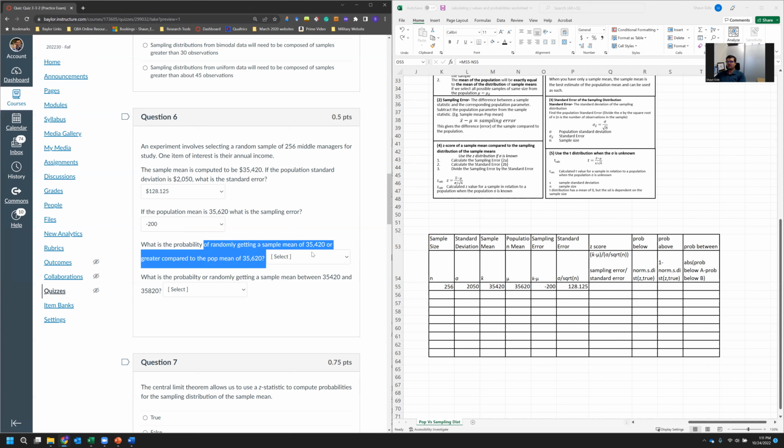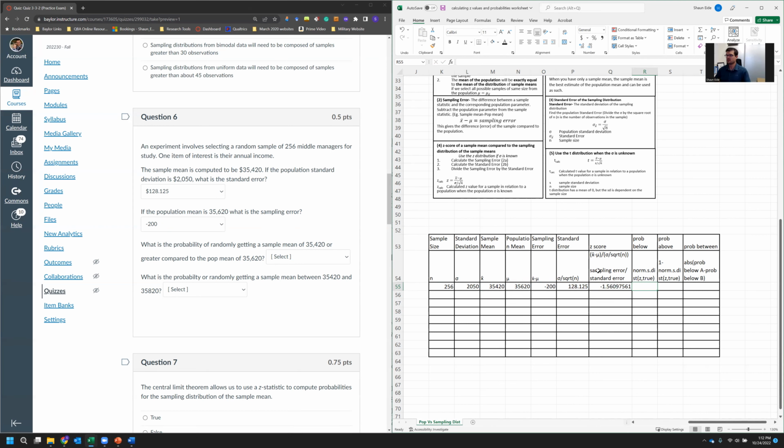What is the probability of randomly getting a sample mean of 35,420 or greater compared to the population mean of 35,620? The first thing that we've got to do is calculate the z-score, which is literally just the sampling error divided by the standard error. That gives you your z-score. Now we've got our z-score and we want to determine the probability of getting this z-score.